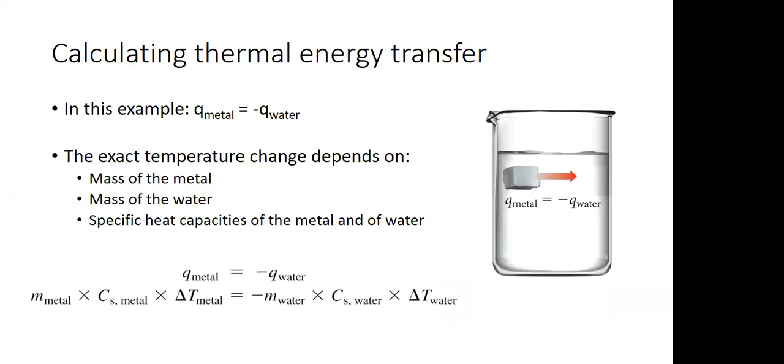And just as a reminder, every time you see delta in this class, it means difference, and it's always going to be final minus initial, right? So final temperature minus initial temperature.